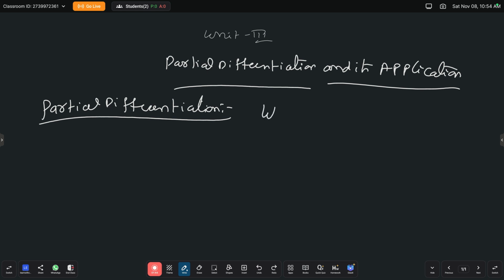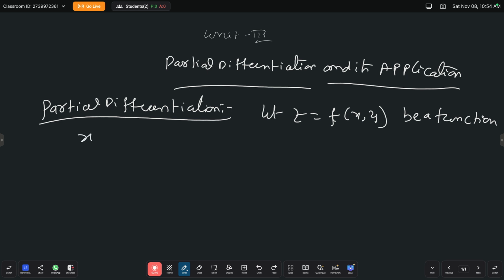Now let z equal f of x comma y be a function of the two variables x and y.